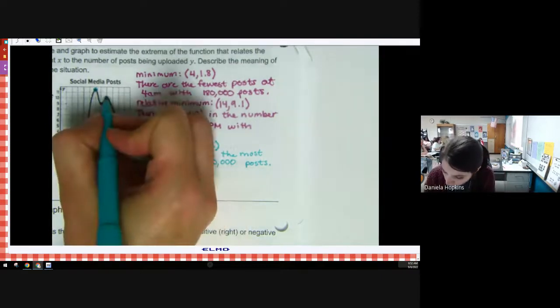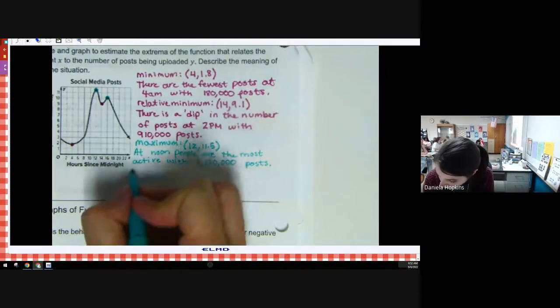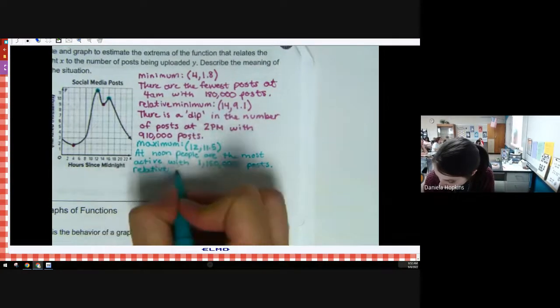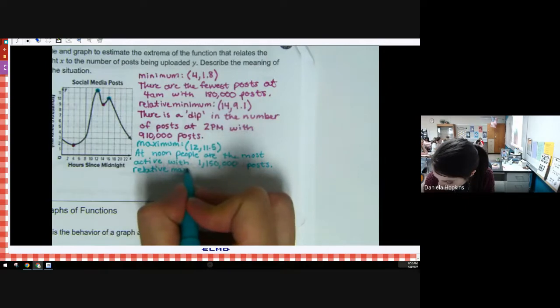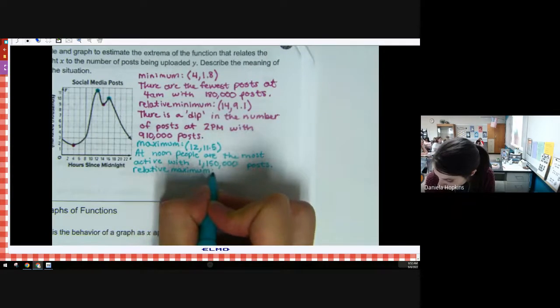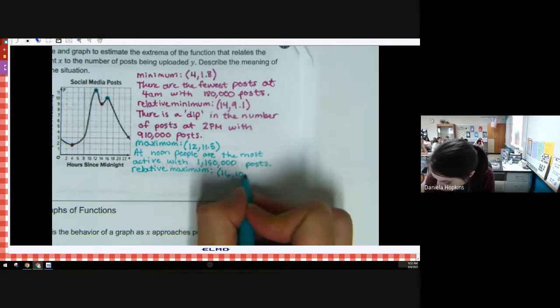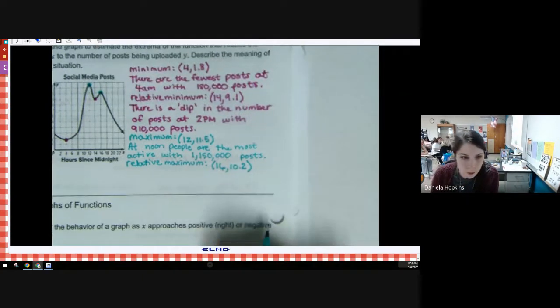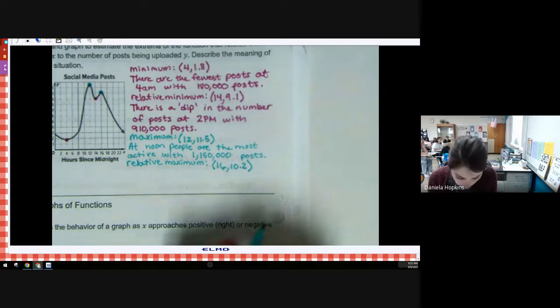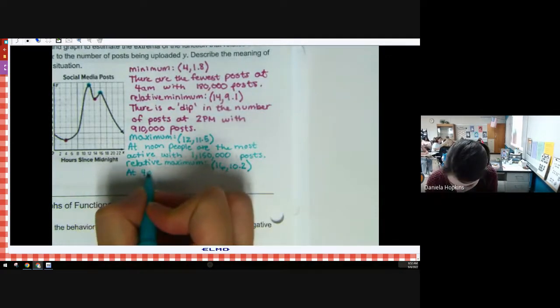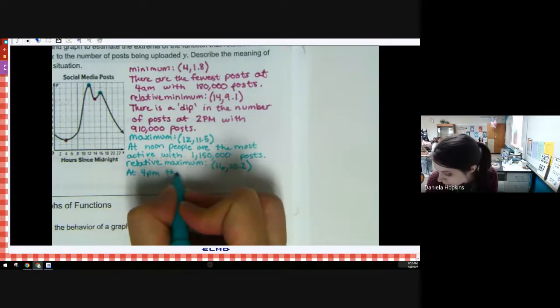And then we have this relative maximum, excuse me. Relative maximum. And that's occurring when X is 16. So it'd be 16, 10.2 according to the table. So if we make some meaning out of that, 16 hours after midnight is 4 p.m. So at 4 p.m., there is, we'll call it a spike.